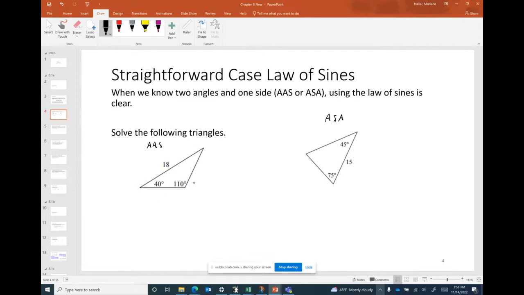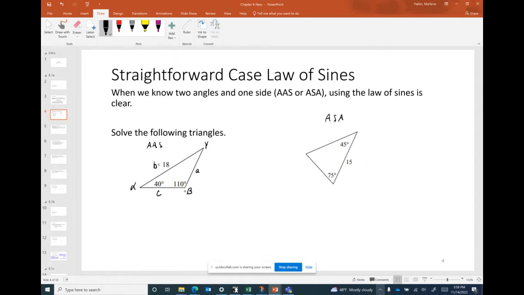If we label our triangles, let's always make the lower left angle alpha, and then we'll go around the triangle counterclockwise. So the next angle would be beta, and gamma would be up there. Side A is across from alpha. That'll be that side. B is across from beta. We know the length of B is 18. C is across from gamma, so that one will go there. There's only going to be one ratio that has both a known angle and a known side.